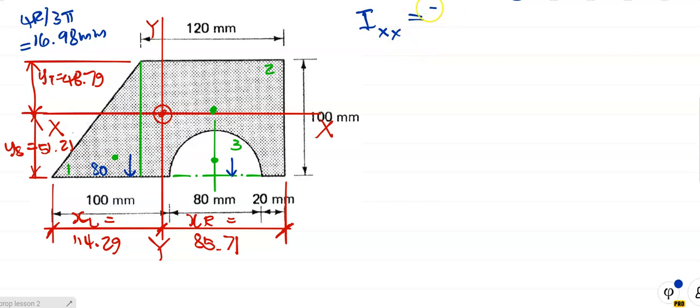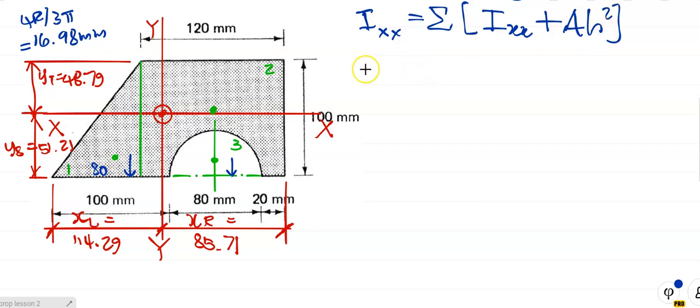It is the sum of a square bracket I small x, because those are the axes of the elements, and that's the x axis of the whole cross section, which is that over there, plus the element area times the distance squared.